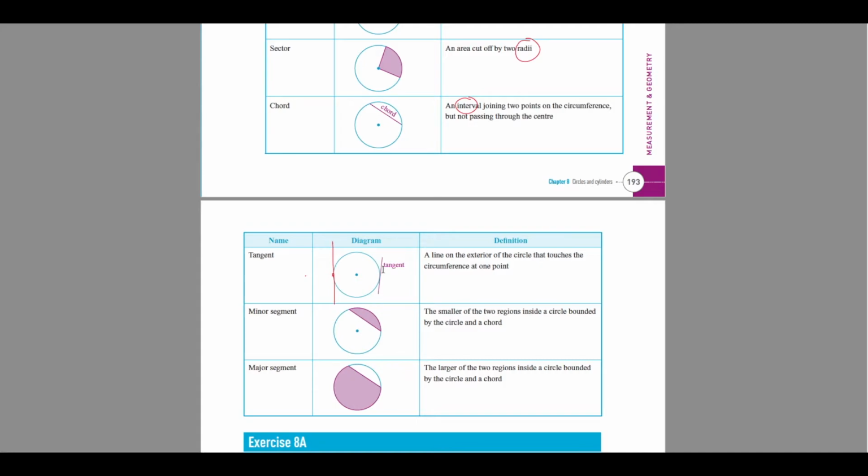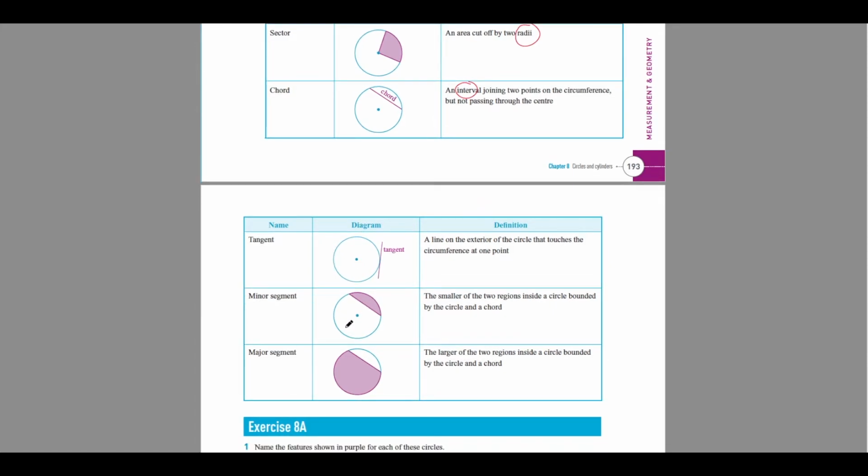Okay, it's a line that touches the circle at 1 point. So this is not a tangent, okay? Because that touches the circle at 2 points. You see? 2 points. This is a tangent because it touches the circle at 1 point.